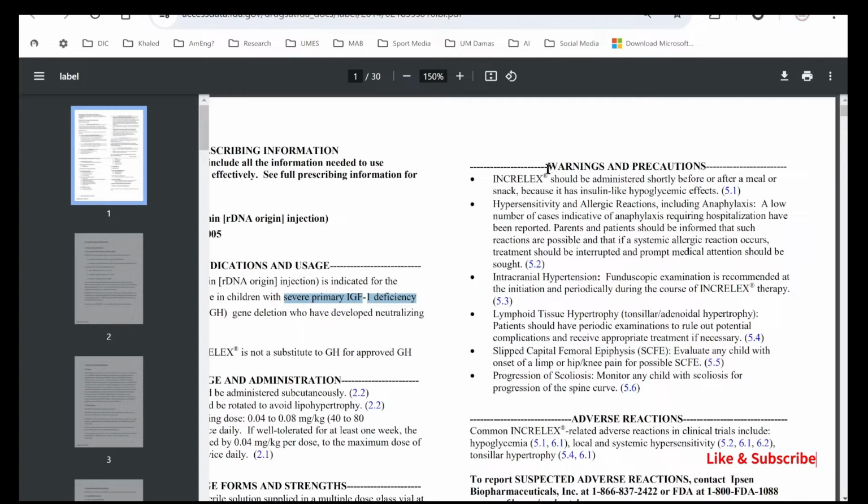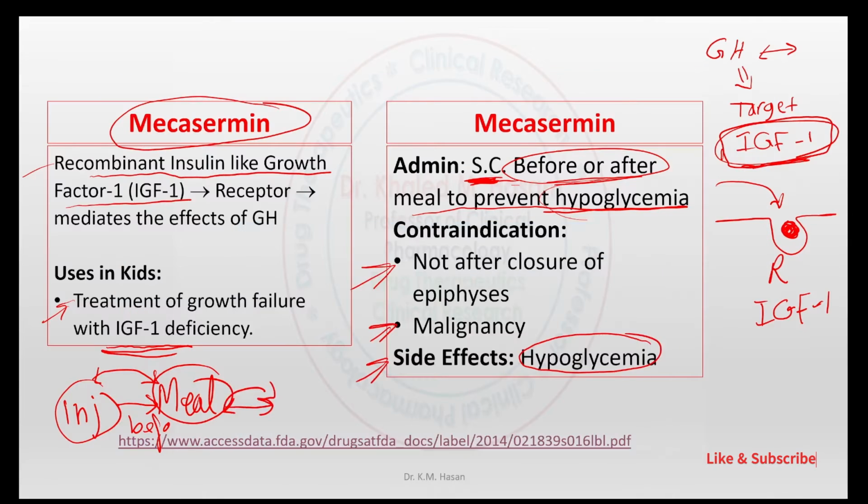The first one for us in this table here: Increlex or Mecasermin should be administered shortly before or after a meal because it has an insulin-like hypoglycemic effect. From the name, insulin-like effect. So the main side effect of this hormone will be the hypoglycemic effect. Okay, this is the second one.